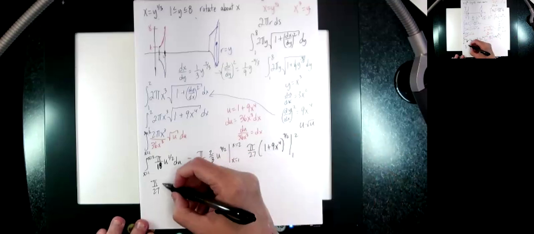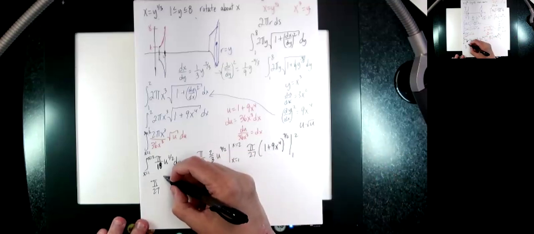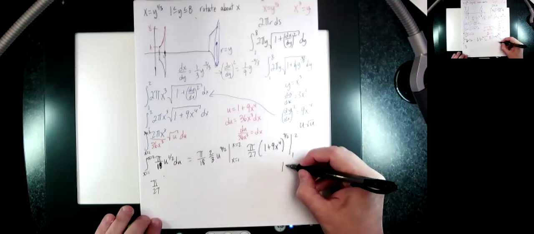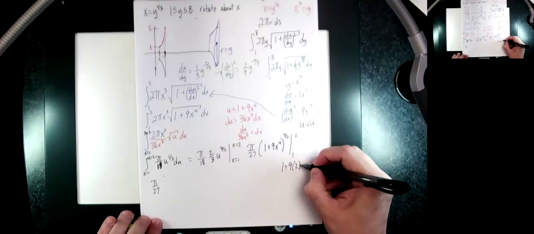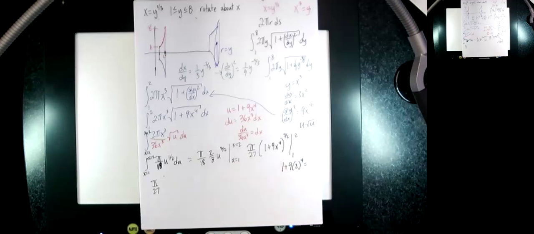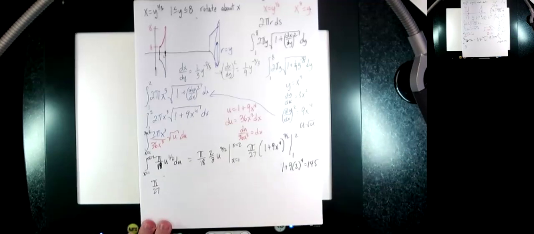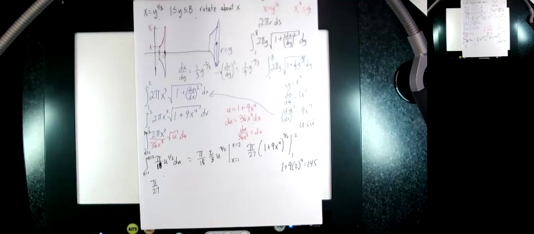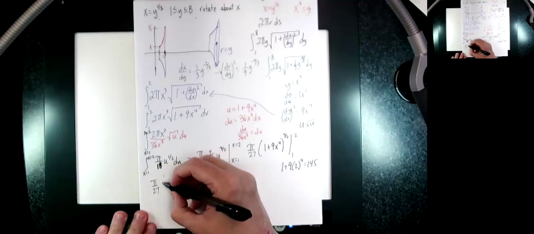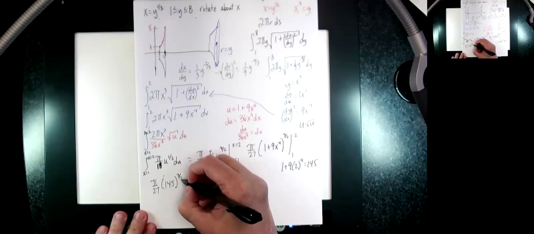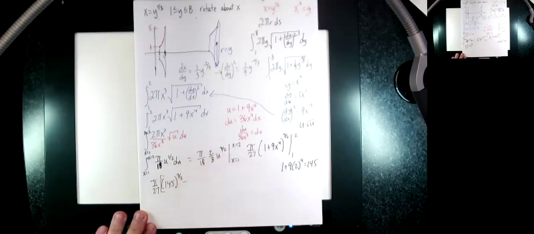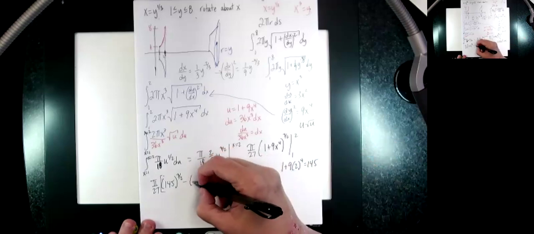If I stick in 2, 1 plus 9 times 2 to the 4th. 2, 4, 8, 16. 16 times 9 is 144. Plus 1 is 145. So this is 145 to the 3/2 minus, if I stick in 1, this is pretty easy, that's 10.